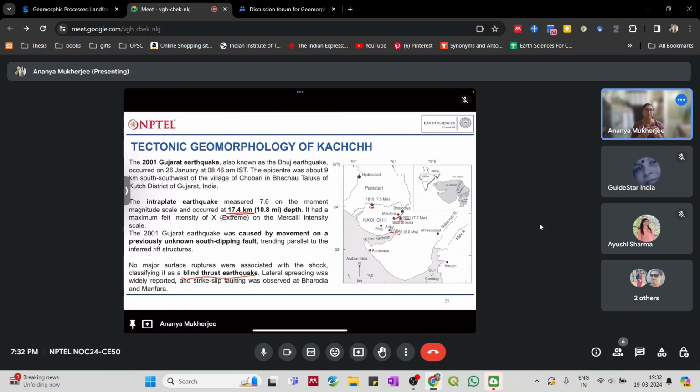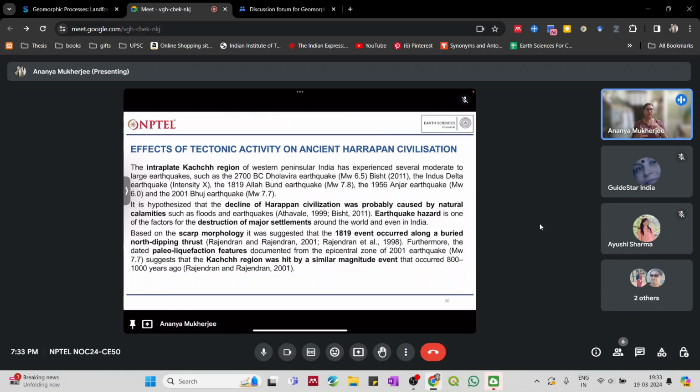But since they could not see any surface manifestation of this rupture, they called it a blind thrust earthquake.